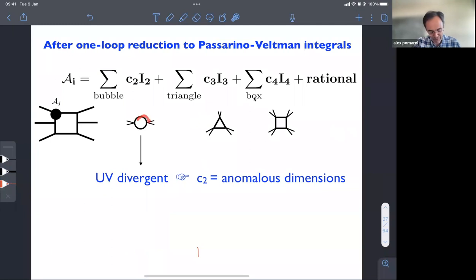So the only one that can be logarithmically divergent is this one. The other ones can be UV convergent, because in the denominator you have more momentum than in the numerator. So the anomalous dimension is related with this coefficient here, C2. So I want to get this C2 coefficient here.